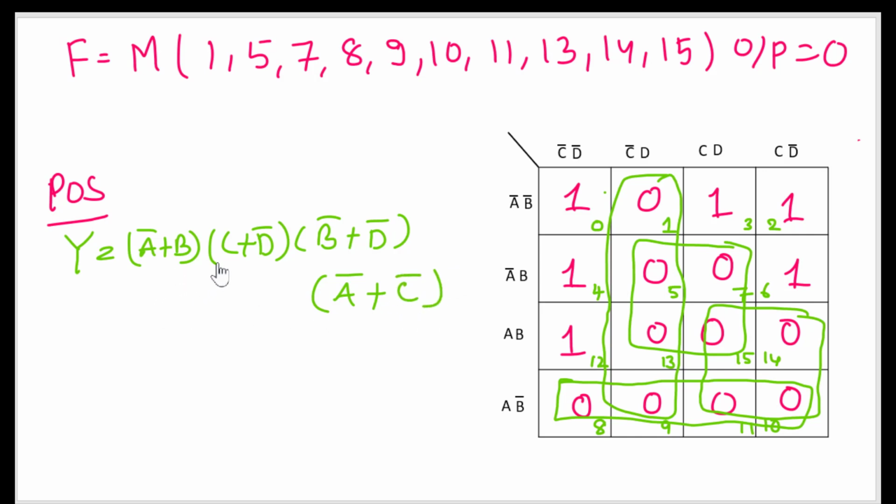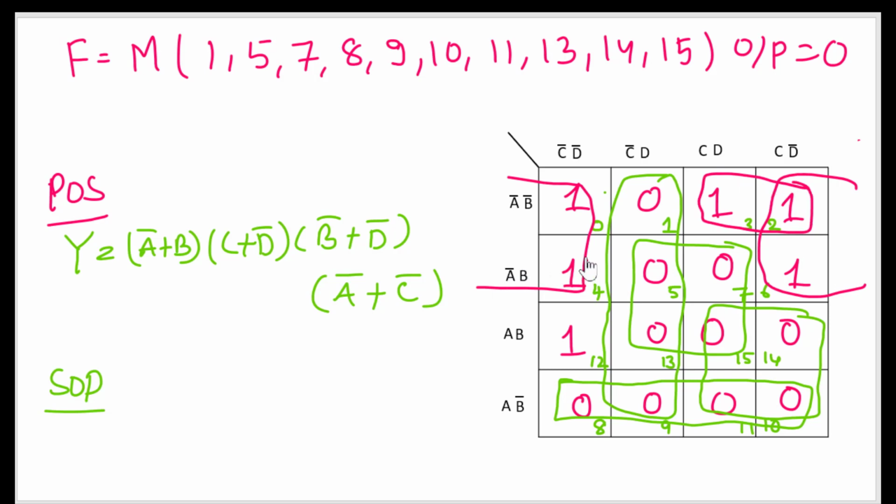Now we'll try to see the SOP form. For the SOP form, you have to look for the group of zeros. Sorry, for the SOP function, you have to see the group of ones. You can form this as one quad group, and this cannot be made as an octet, so this single one you can form as a pair here with this one, and the same thing you can form one more pair here.